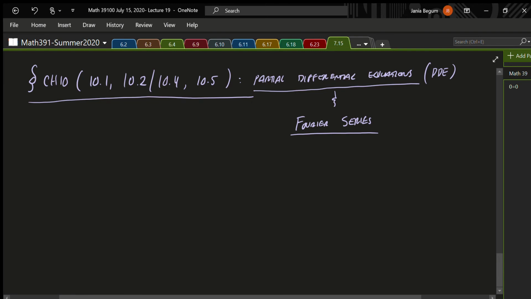So 10.1 talks about boundary value problems.